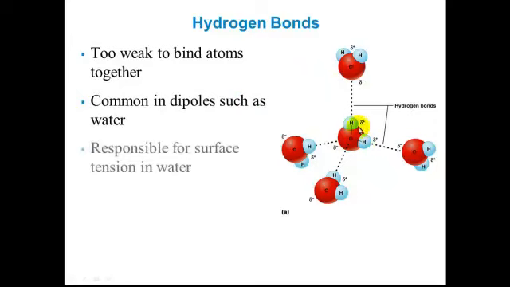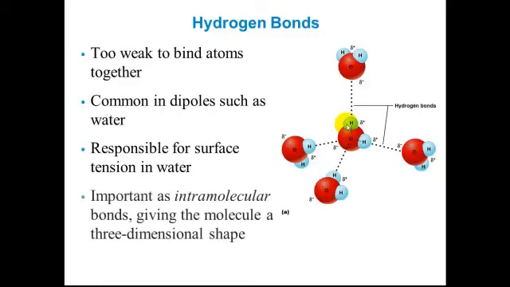And what you see occurring is that you have the slightly positive hydrogen being attracted to the slightly negative oxygen. This is going to be responsible for some of the important qualities that water has, including surface tension. This is a very important intramolecular bond as well in things like proteins and DNA, and it gives a molecule its 3-dimensional shape.